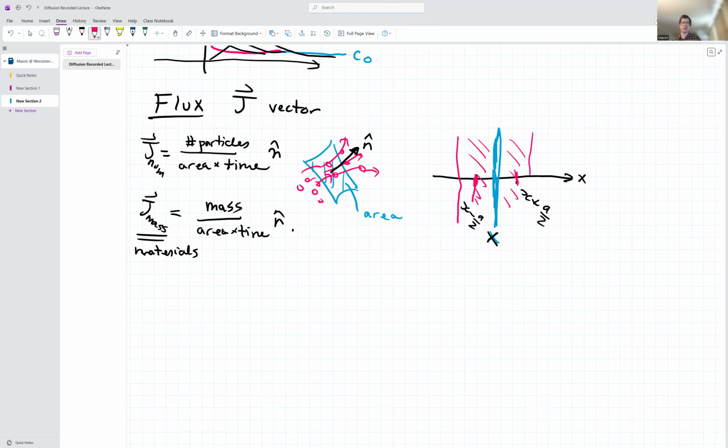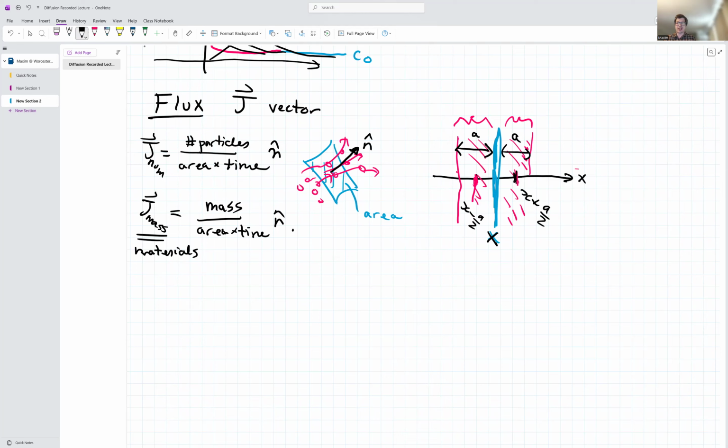And we're going to assume that the concentrations inside these little blocks are uniform, which is going to be an okay approximation if our hop sizes are small, so that the concentration is not varying too much over this distance. So we know that the total length of this block here is a, and the total length of this block here is a.